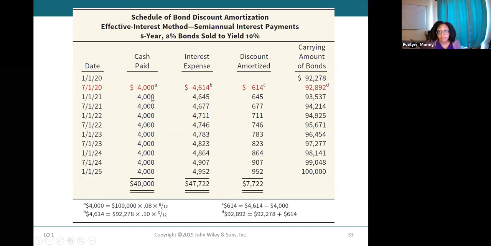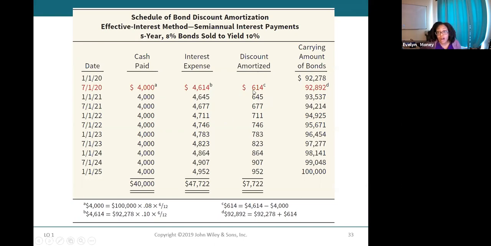So that when we come to the next period, we're going to multiply this 92,892 times 10% times a half, and that's going to give us our interest expense. We subtract out the cash paid, that gives us the amount of amortization that we need to record. So notice that our numbers are changing every single time. My interest expense continues to increase.